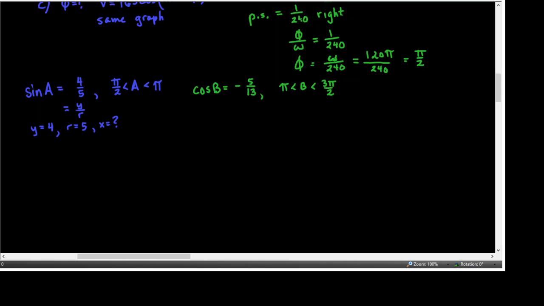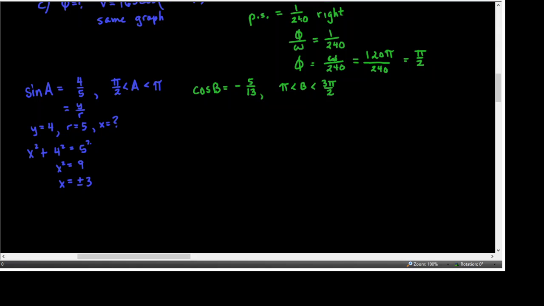So using the Pythagorean formula, x, which I don't know, squared, plus y squared should equal 5 squared, which means x squared is equal to 9, which means x is equal to what? Be careful, when you take the square root of both sides, you have to put in a plus or minus, unless it's r, because r is always positive. But here x can be negative, so don't forget to put in the plus or minus.